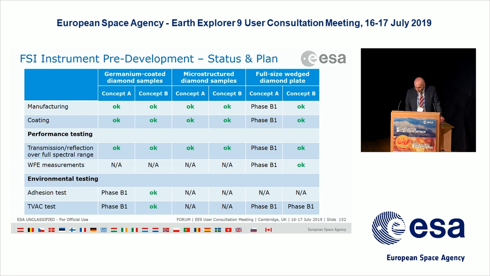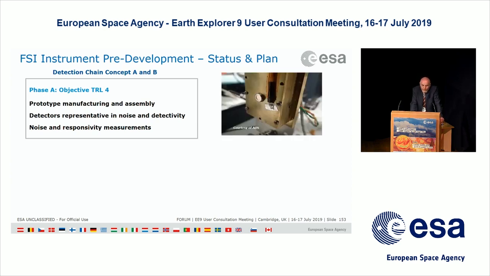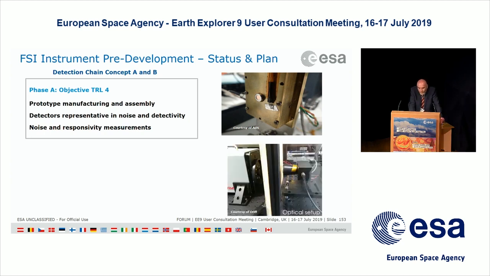For what concerns the detection chain, both concepts have reached the objective TRL 5 by prototyping and manufacturing a detection chain with a representative detector for noise and detectivity characteristics, and characterizing their performance in terms of noise and responsivity. So you see the picture of the relevant breadboard and test setup. So all activities have been completed, confirming the TRL 4.